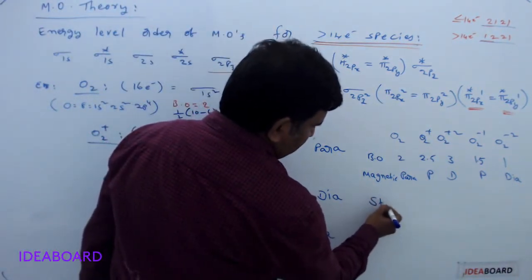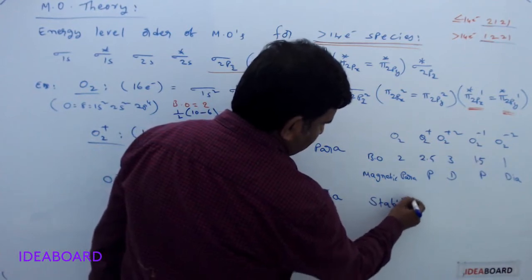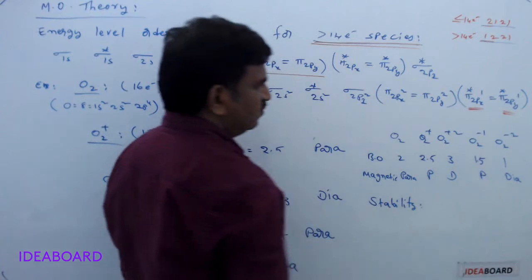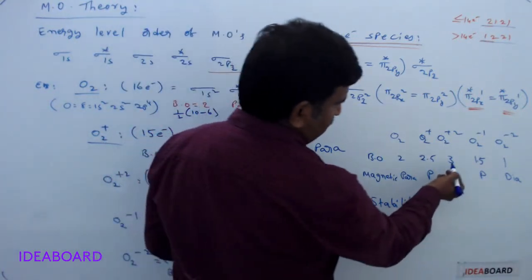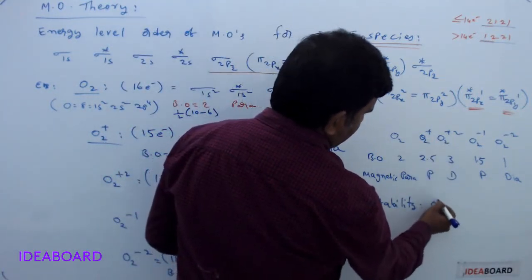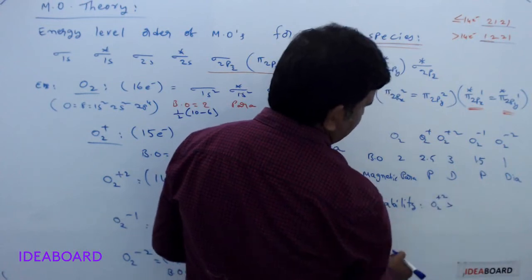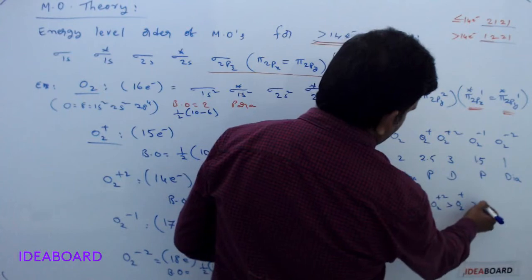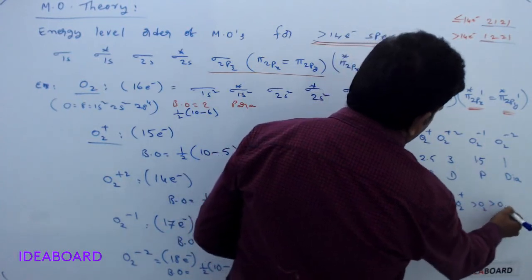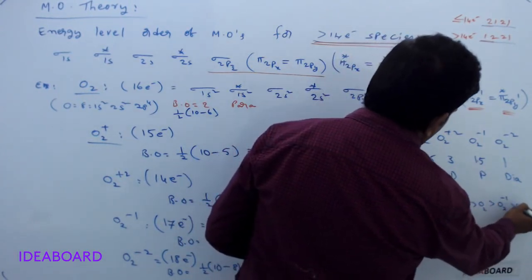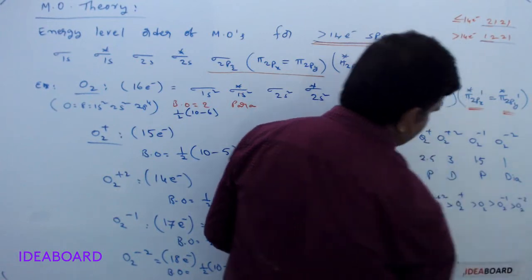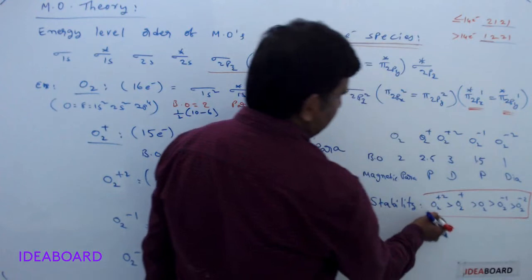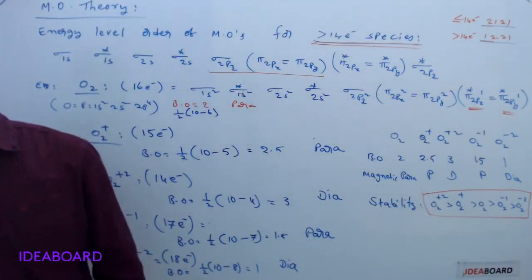And now I am writing the stability order of these ions. Which has the highest bond order? O2 plus 2, next O2 plus, next O2, next O2 minus 1, and last one is O2 minus 2. So this is the stability order of different molecules.